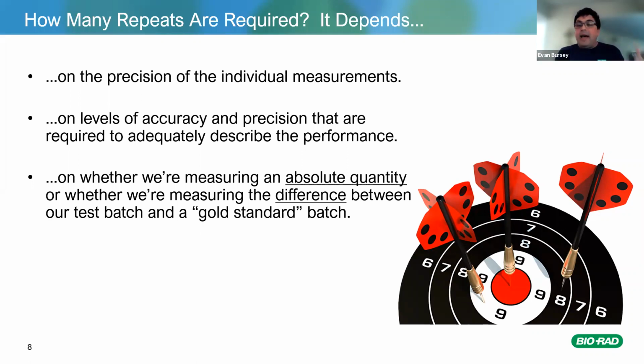But if you have 2 batches that you've thrown into the test, say your test batch and a gold standard batch, and you fed them both 100 nanograms of DNA again, and you've got a bunch of CQ values, now you've got these 2 populations. You might want to ask yourself, do the test batch and the control batch look like they're performing the same, or is there a difference between them? If you're asking that kind of question, that'll have an impact on the number of replicates that you'll need to run.